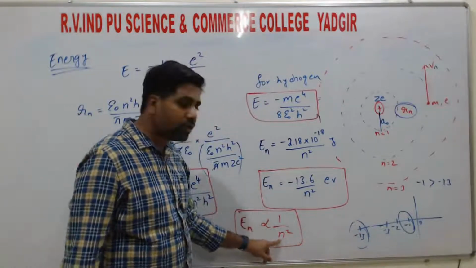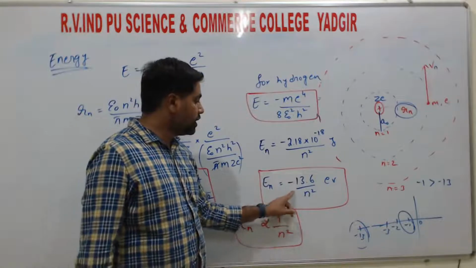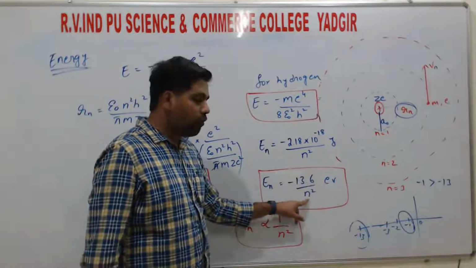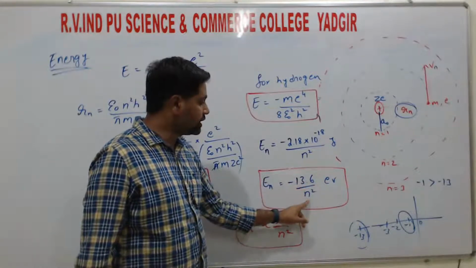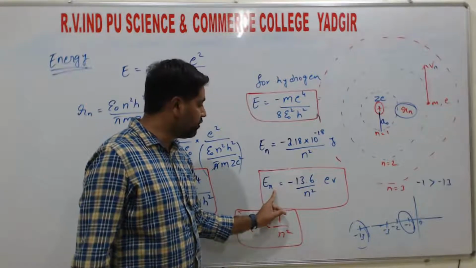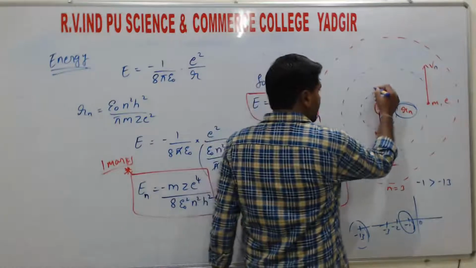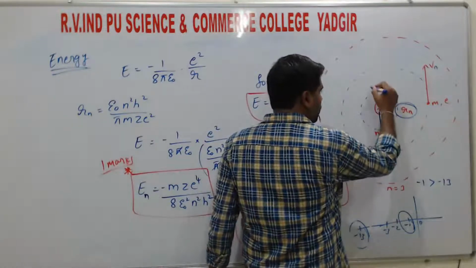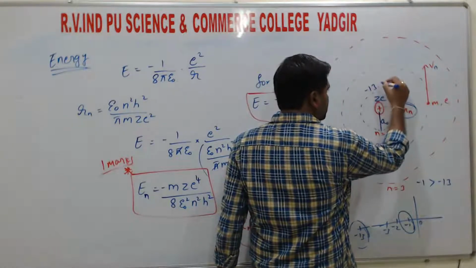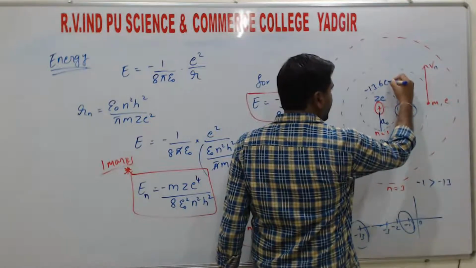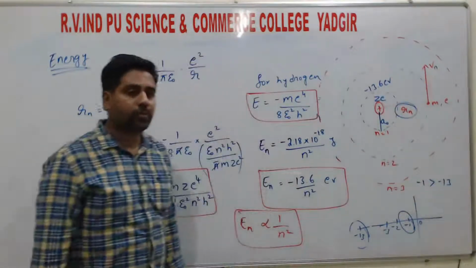If we substitute n equals 1, then 1 square is 1, and 13.6 divided by 1 square gives E1 equals minus 13.6. So the energy of the first orbit is minus 13.6 electron volt.